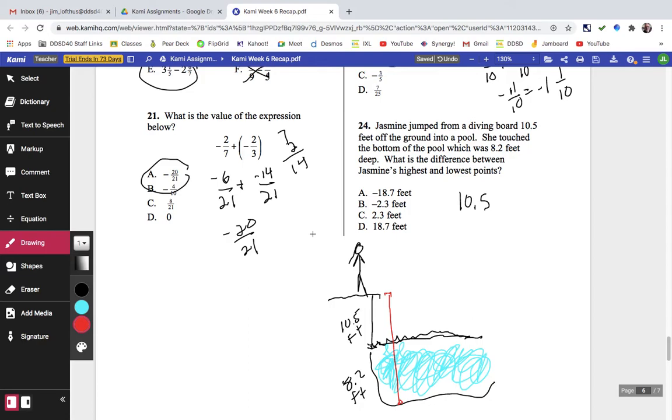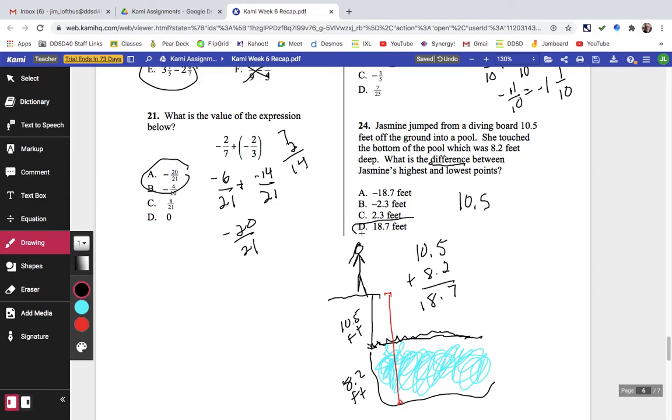So we're going to do 10.5 feet plus the 8.2 feet. So 18.7 feet is the difference or the distance. Even though she went down, we're not going to say it's negative.